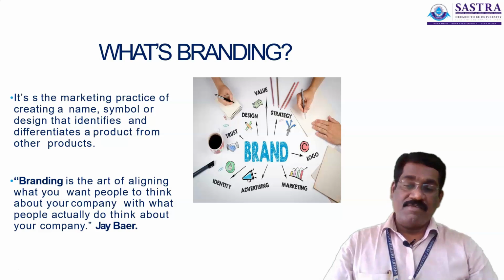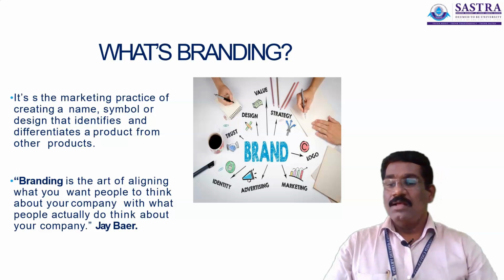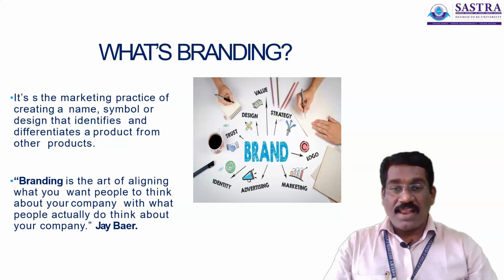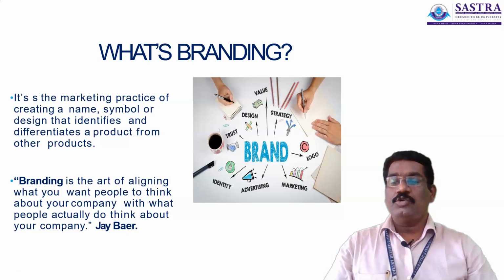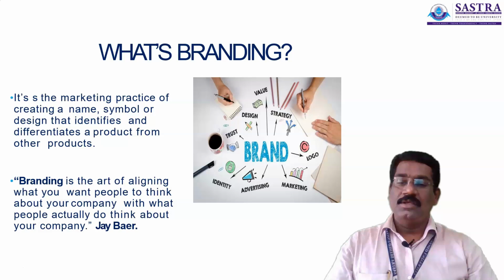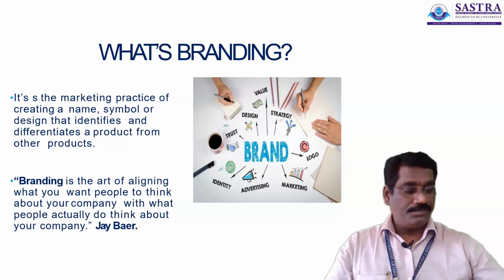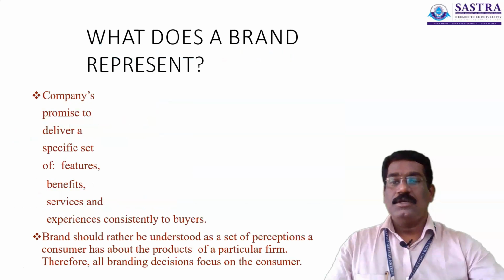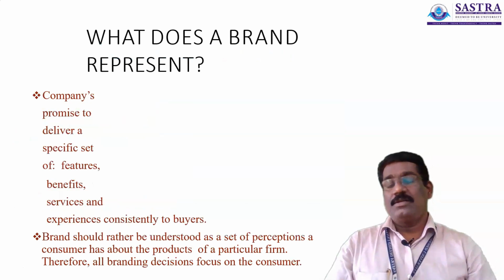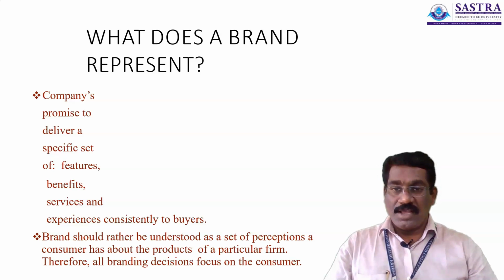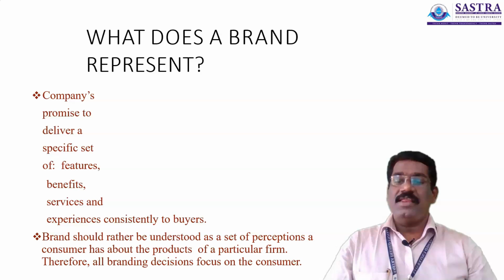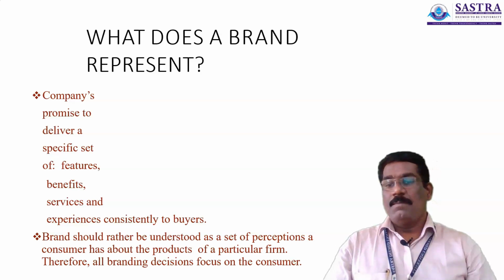And a definition given by J. Baer: branding is the art of aligning what you want people to think about your company with what people actually do think about your company. So what does a brand actually represent? A company's promise to deliver a specific set of features, benefits, and services, and of course experiences consistently to buyers.